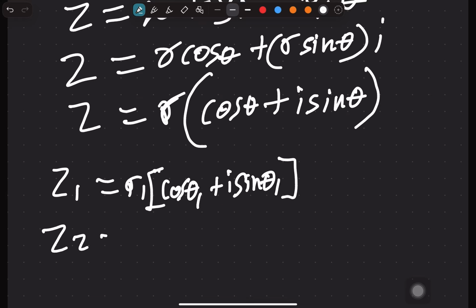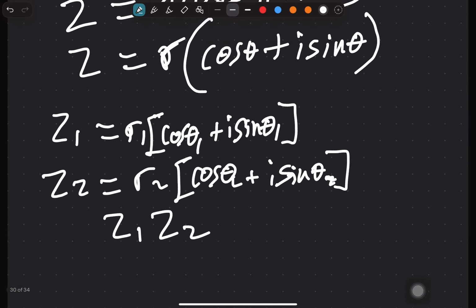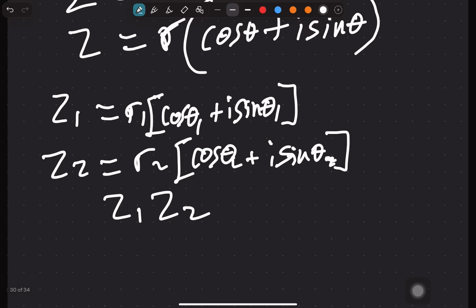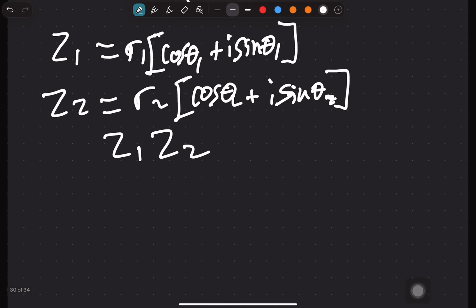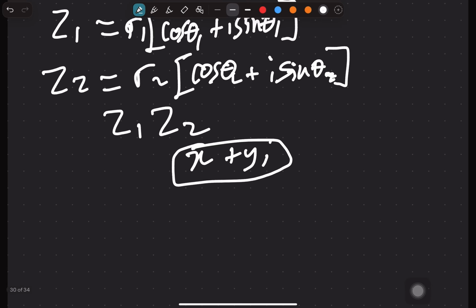Then Z2 is equal to R2 cos of theta 2 plus I sine of theta 2. And we want to find Z1 Z2. Now we've already done this when we had the complex numbers in the X plus YI form, and we went ahead to expand. So it's basically the same thing we are going to do over here by expanding this as well.